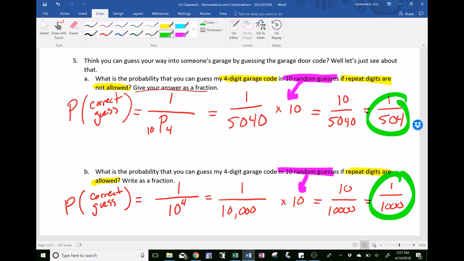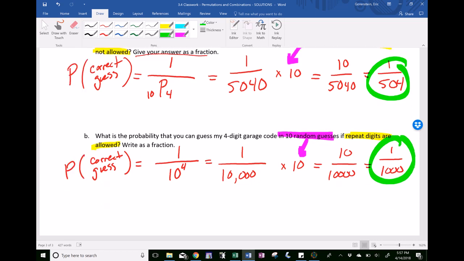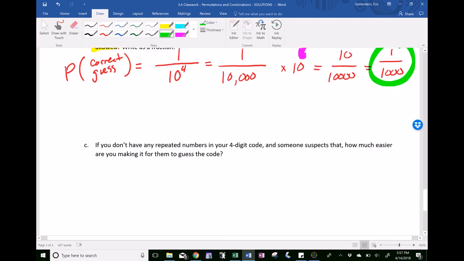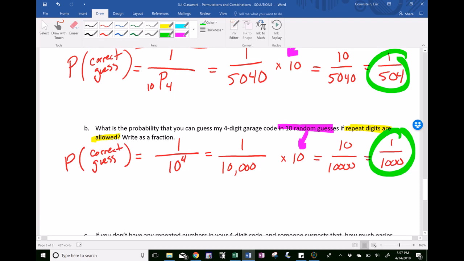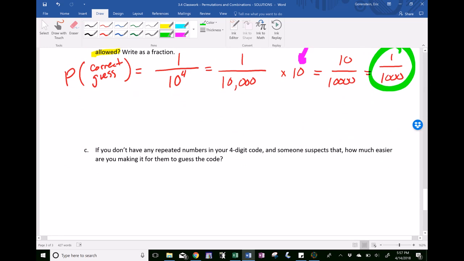Okay, so we have the probability of guessing right with repeats and without repeats. So part C, if you don't have any repeated numbers, how much easier is it for someone to guess the code? Well, if you compare these two answers from part A and part B, part A is about twice as much as part B. So part B is half as much as part A. So how much easier is it to guess if you know there's no repeated numbers?